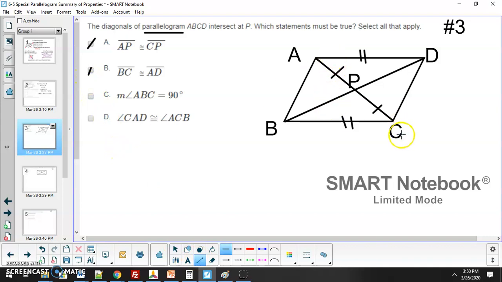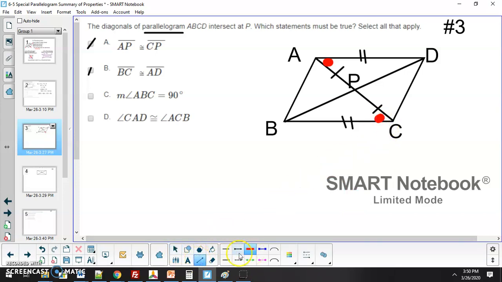Is CAD the same thing as ACB? This one's the tough one. You got CAD right there with the little red dot, and then you got ACB. What do you think? Is this true or is this not true?